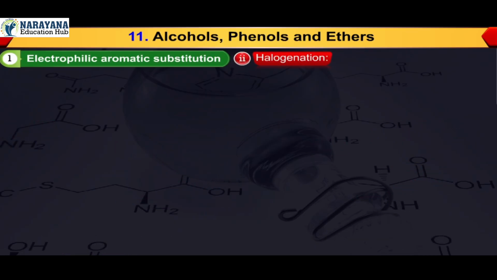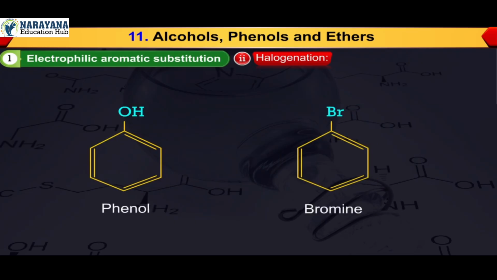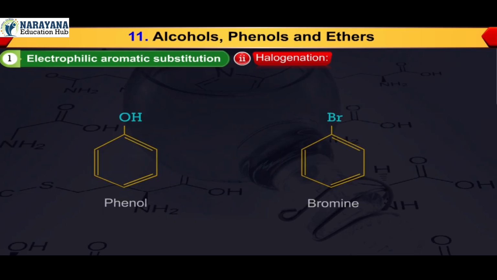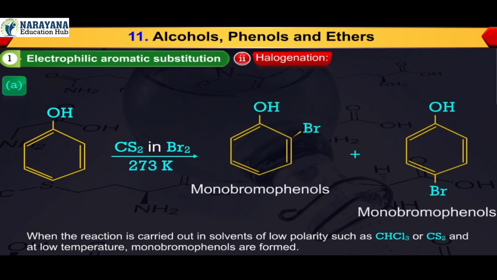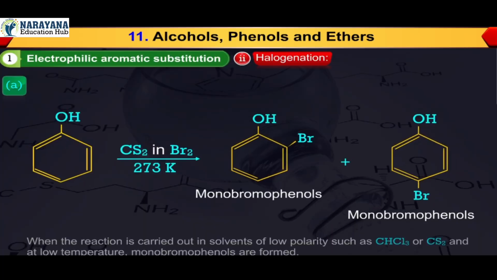2. Halogenation. On treating phenol with bromine, different reaction products are formed under different experimental conditions. A. When the reaction is carried out in solvents of low polarity such as CHCl3 or CS2 and at low temperature, monobromophenols are formed.